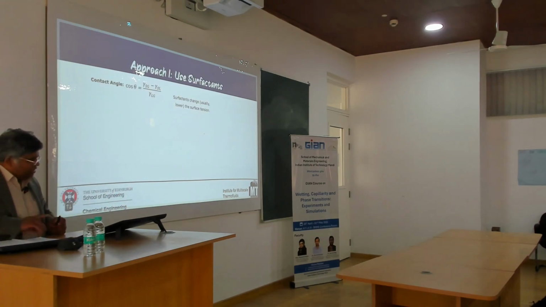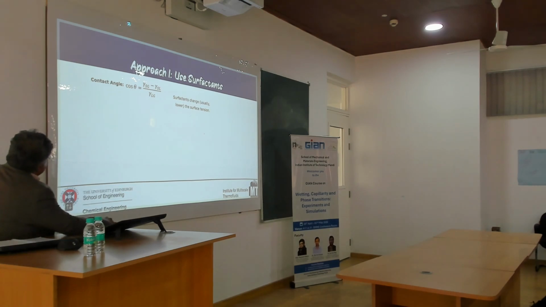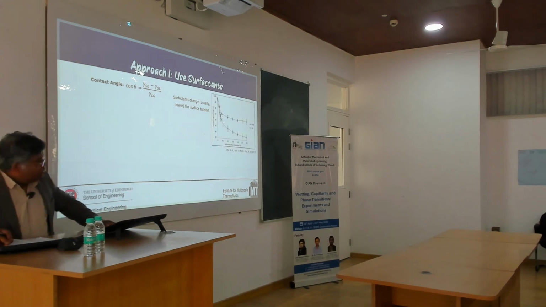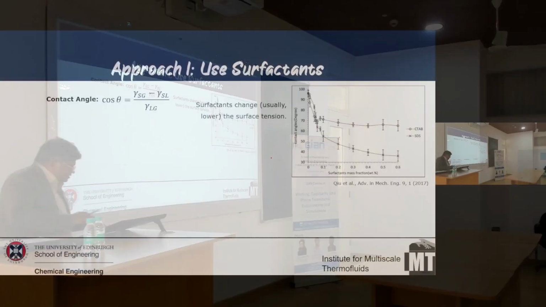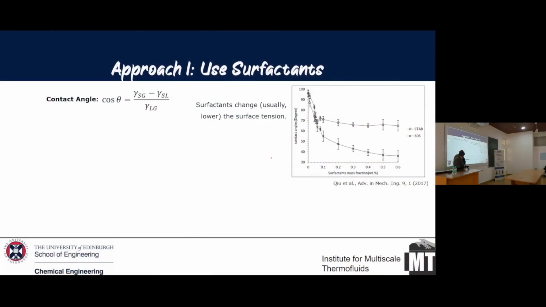So if we very quickly look at the use of surfactants, so surfactants typically lower surface tension. In fact, in my previous avatar, before I did my PhD, I used to work with Hindustan Lever, in the detergent section. And with detergents, everything has to do with surfactants. You name it, 1,000 types of surfactant.